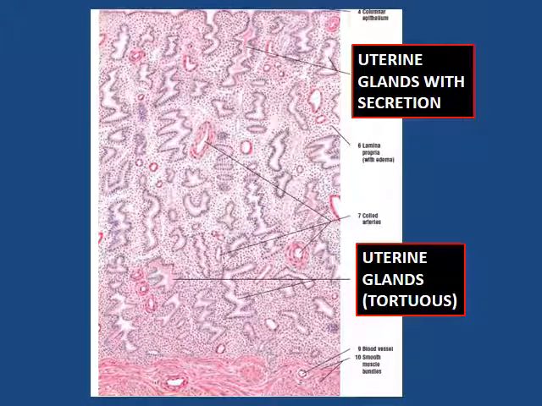In this picture, you can see in the secretory phase, the long uterine glands filled with the secretions. The coiled arteries are also visible, and you can see they reach up to the superficial part of the stratum functionalis. Thank you.